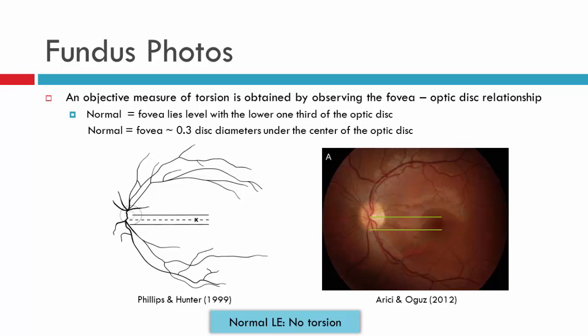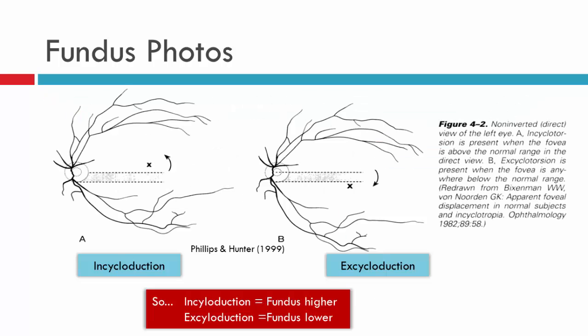Here I'm giving you an image of a real fundus, and a line has been drawn at the centre of the optic disc here and the bottom of the optic disc. And we can see that here we have the fovea, and it sits within the lower 1/3 of the optic disc, and here we have a normal fundus with no torsion.